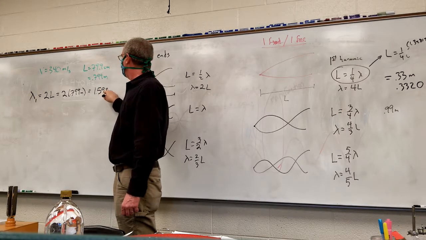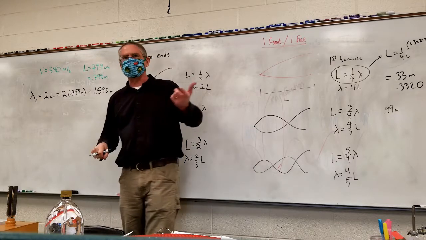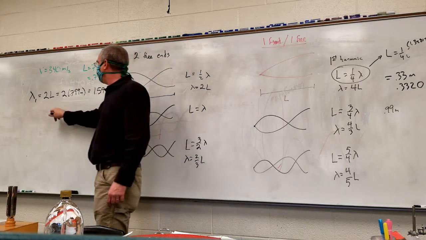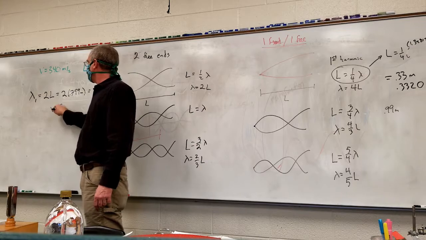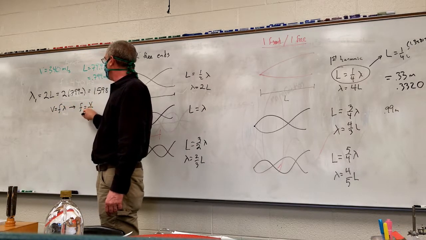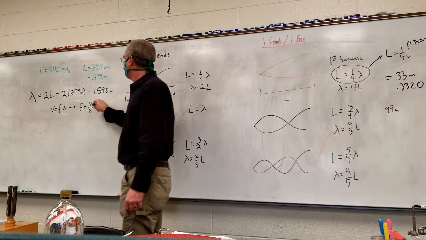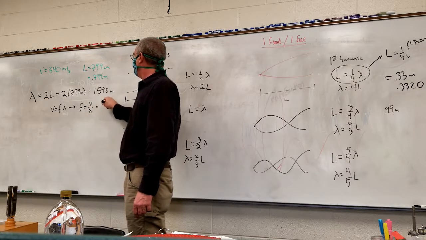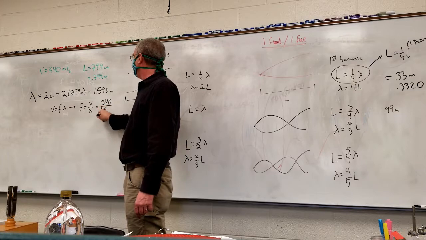Okay, meters. So the frequency we should hear for the first harmonic, well, I know that V is equal to the frequency times the wavelength, or the frequency is equal to the speed divided by the wavelength. So that'll be 340 divided by 1.598.